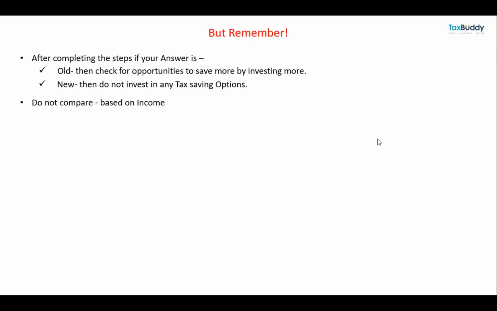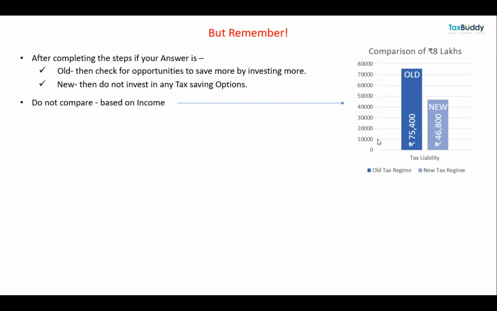Second point, do not compare based on my income. In my previous example, which I took of 8 lakh rupees, if I would have compared based on my income only, 8 lakhs, then my tax liability in the old regime is 75,000 approx, and in the new regime it's 46,000 approx.